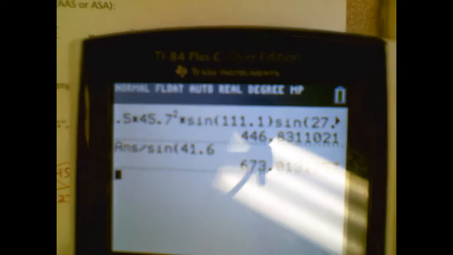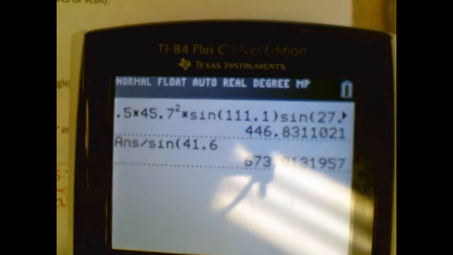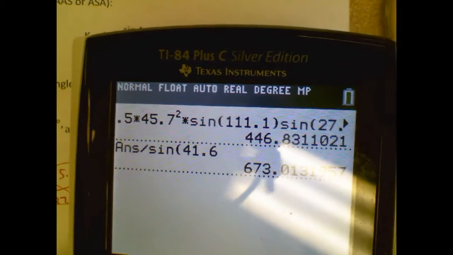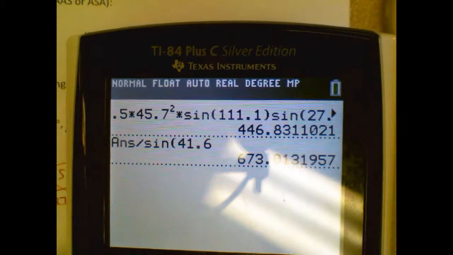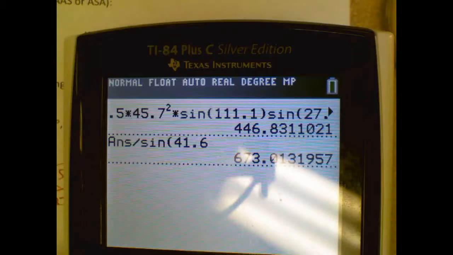Press equals. Did you guys close the parenthesis after 111.1? Make sure you close the parenthesis after 111.1. I got the right answer.